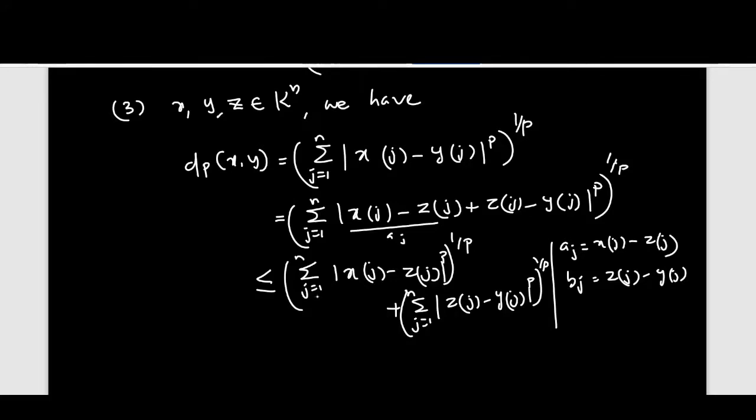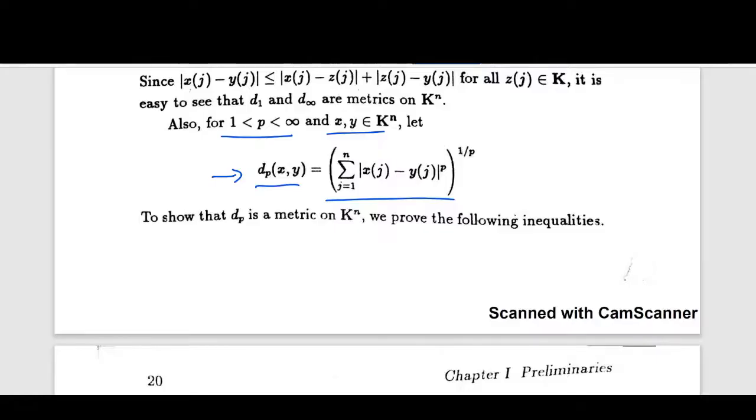So what is this? By definition, this is equal to d_p(x,z), and this is d_p(z,y). So the third condition, that means the triangle inequality, is also verified. From here we can conclude that d_p(x,y) defined like this is a metric on K^n.